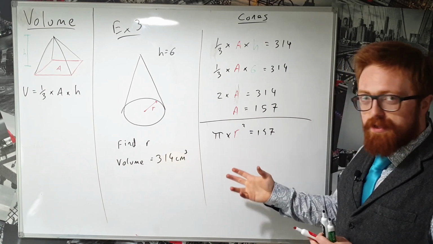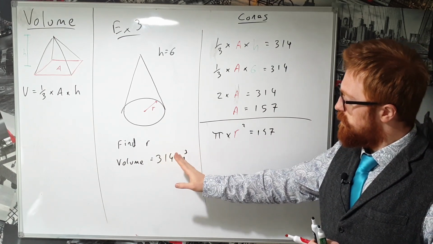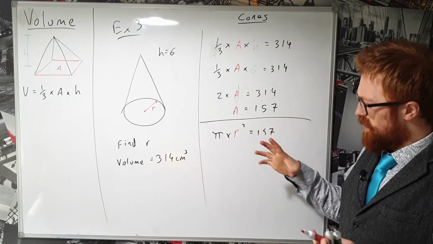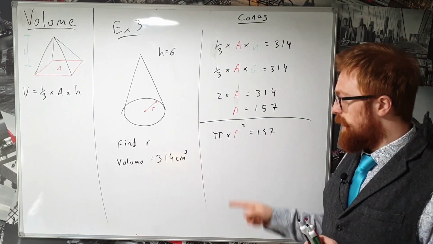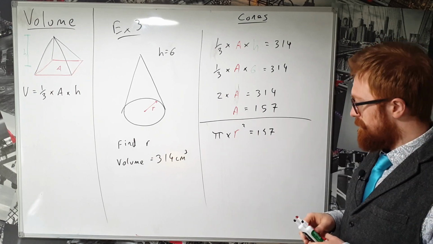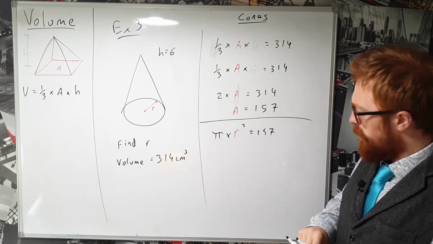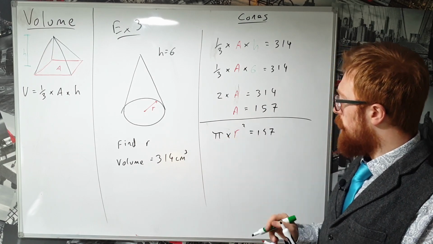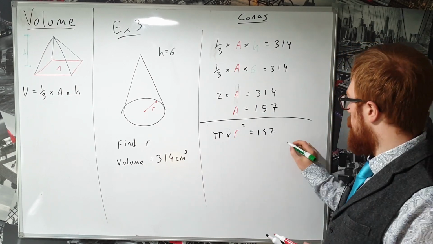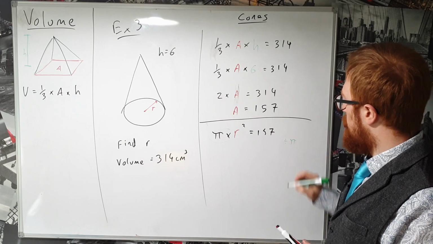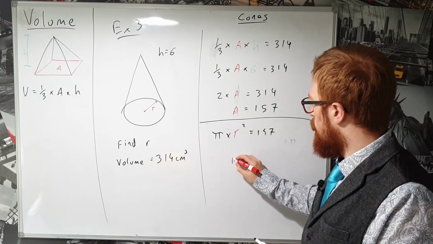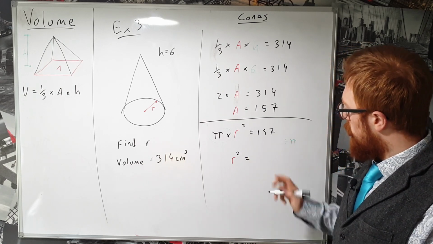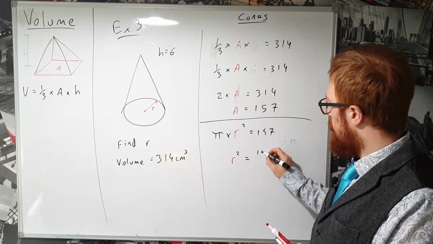So some advice that I always give is to try and work from the furthest thing away from the r and get rid of those first, working in towards it, because then you're less likely to make little mistakes like that. So the furthest thing away from this r is this times by pi. So if we want to get rid of that times by pi, we need to divide both sides of the equation by pi. So we get r squared is equal to 157 over pi.